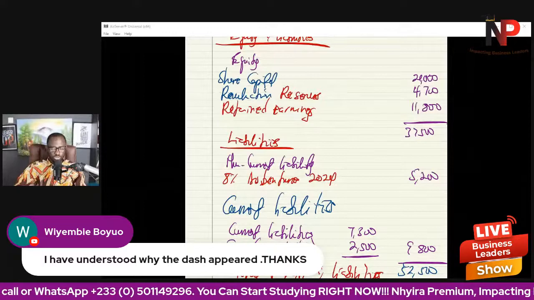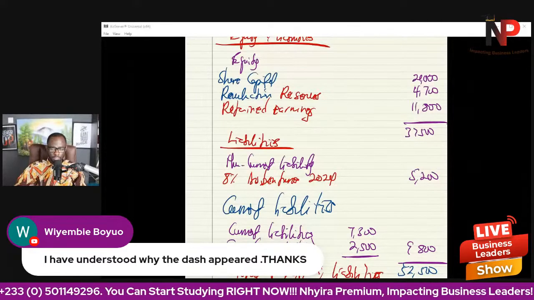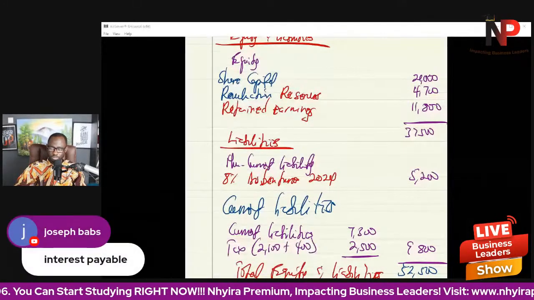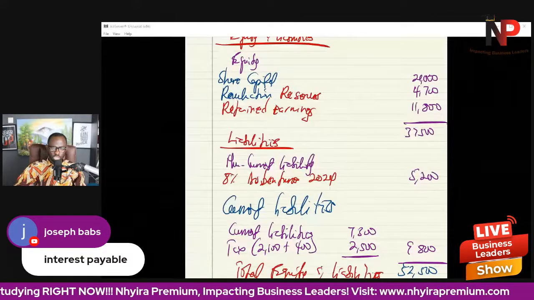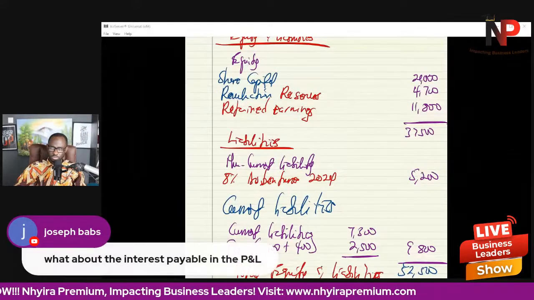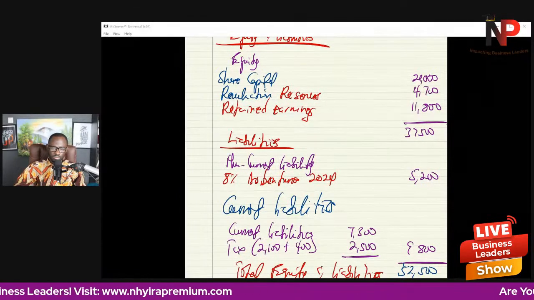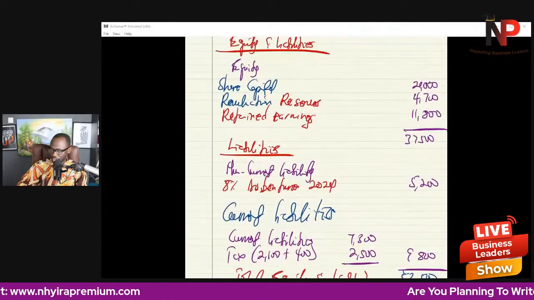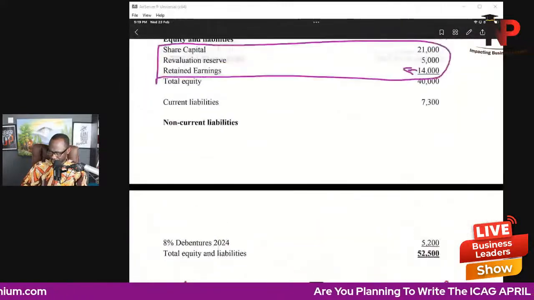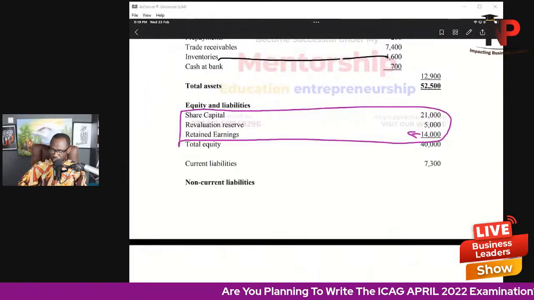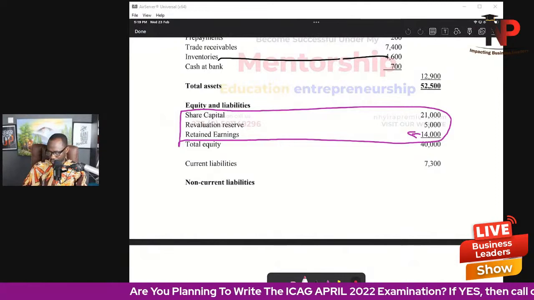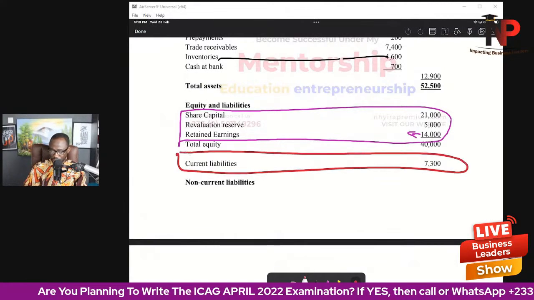I have understood why the dash appeared. Okay. What about the interest payable in the P&L? You have current liabilities here in the question. You're not given the components of the current liability.